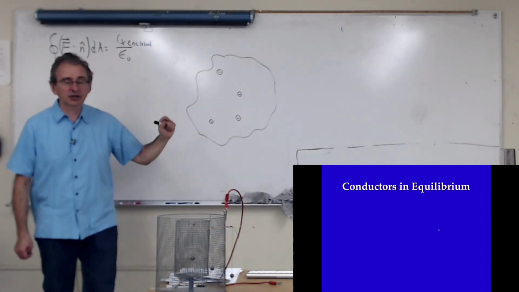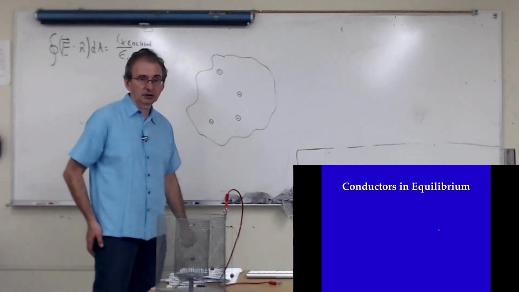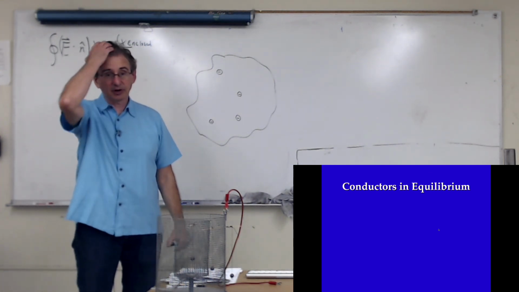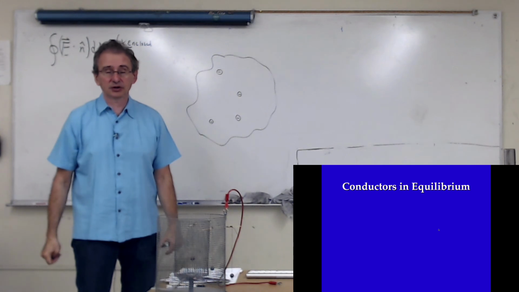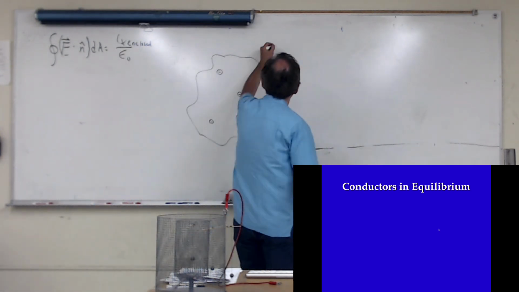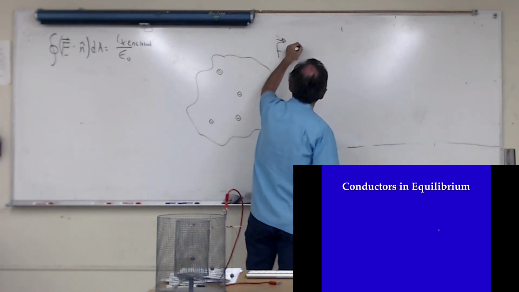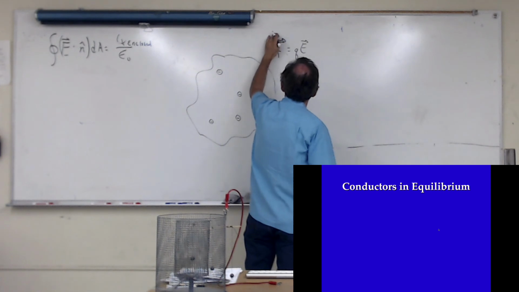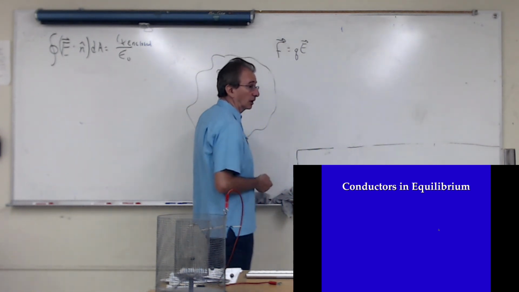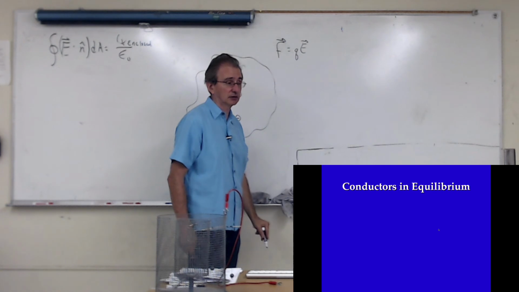If that conductor is in equilibrium, none of these charges can experience a force. Remember, F is Q times E. For the conductor in equilibrium, the force on all the electrons, on any one of the electrons, has to be zero.